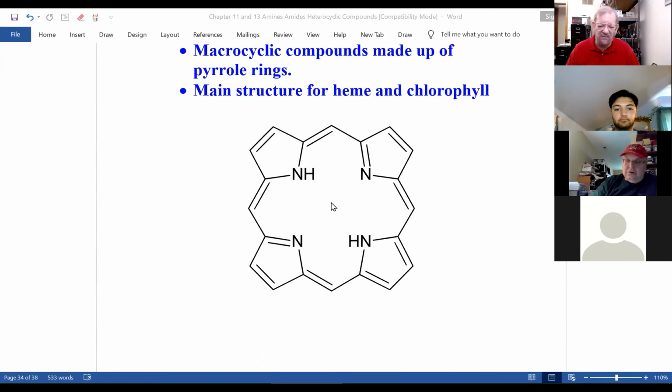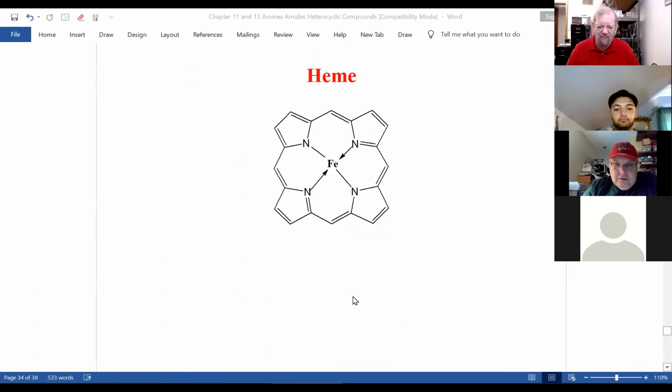Now, in hemoglobin, the heme, you have an iron in the center here associated with the nitrogens. And then you have various proteins attached to this. That's hemoglobin. And the heme part helps transport oxygen to the cells in our body and removes carbon dioxide. How? I don't know.